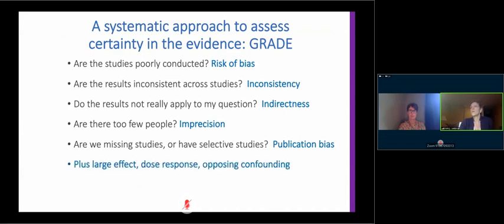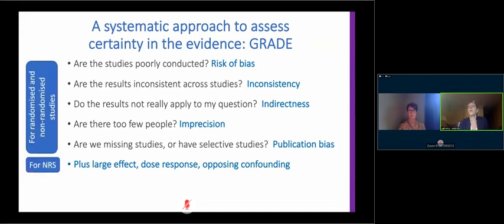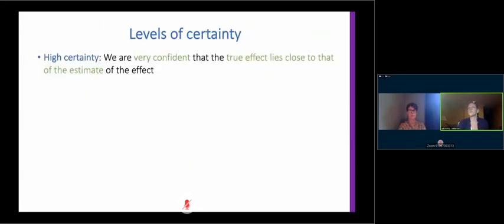And if you're working with non-randomized studies, you would also consider whether you're finding large effects from the studies, a dose-response relationship, or opposing confounding. So all of these will feed into your assessment of the certainty in the evidence. And that's how you would come up with these different levels of certainty.